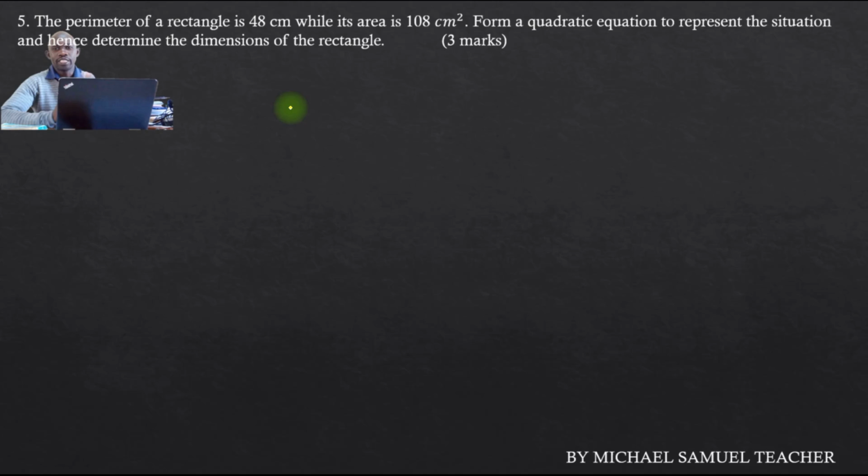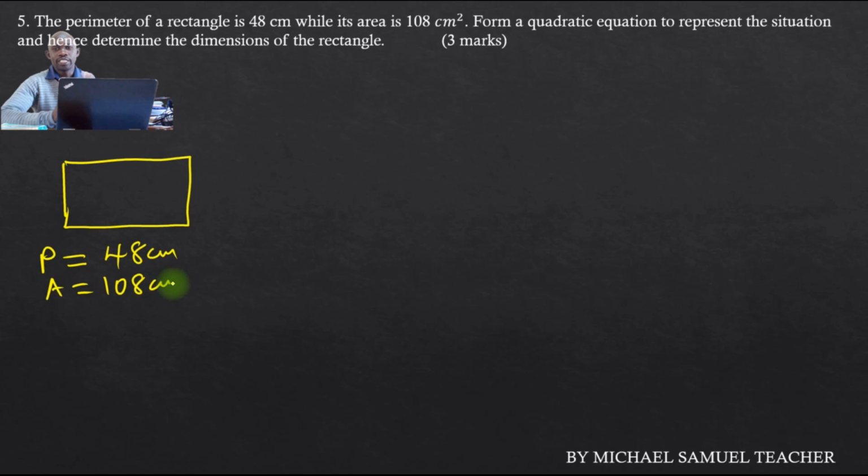So we have a rectangle and the perimeter is 48 centimeters, and also the area is 108 centimeters squared. So let the length be p and width be q.